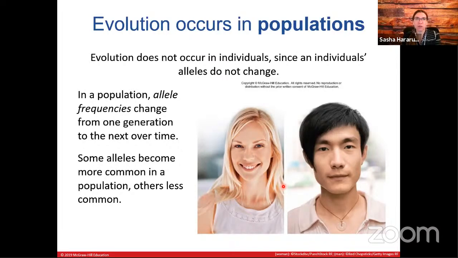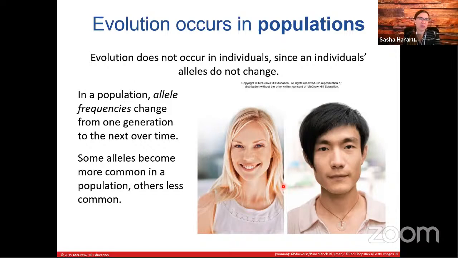The reason for evolution not occurring in individuals is because individuals' alleles do not change. We inherit the alleles from the parents, and that's it. We're stuck with them. But in populations, allele frequencies change from one generation to the next over time.